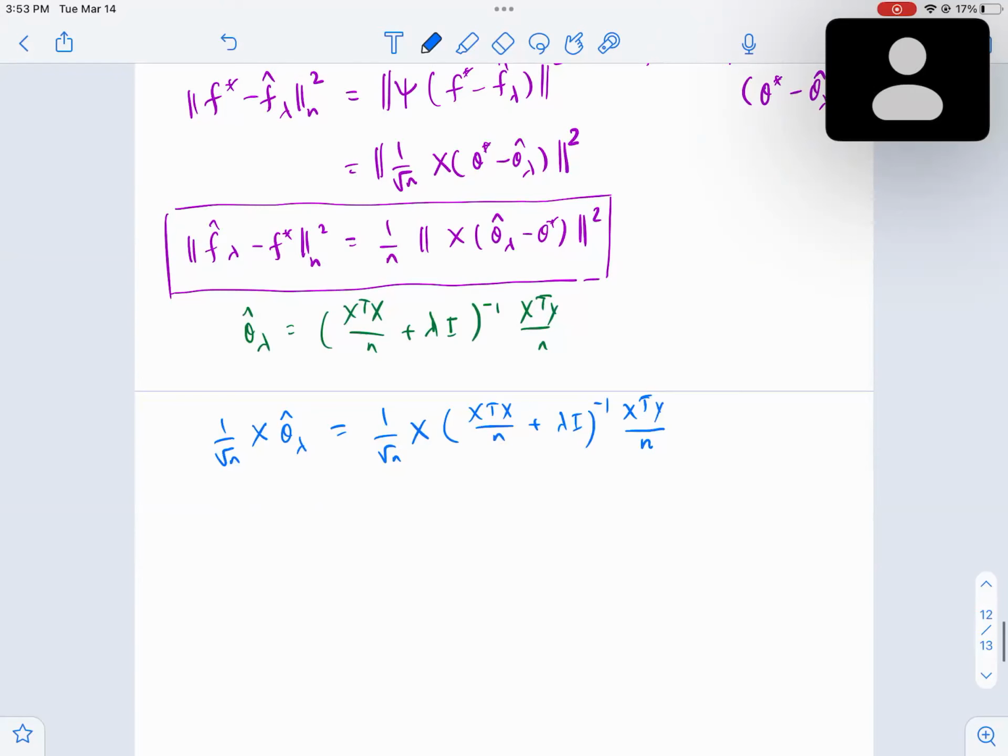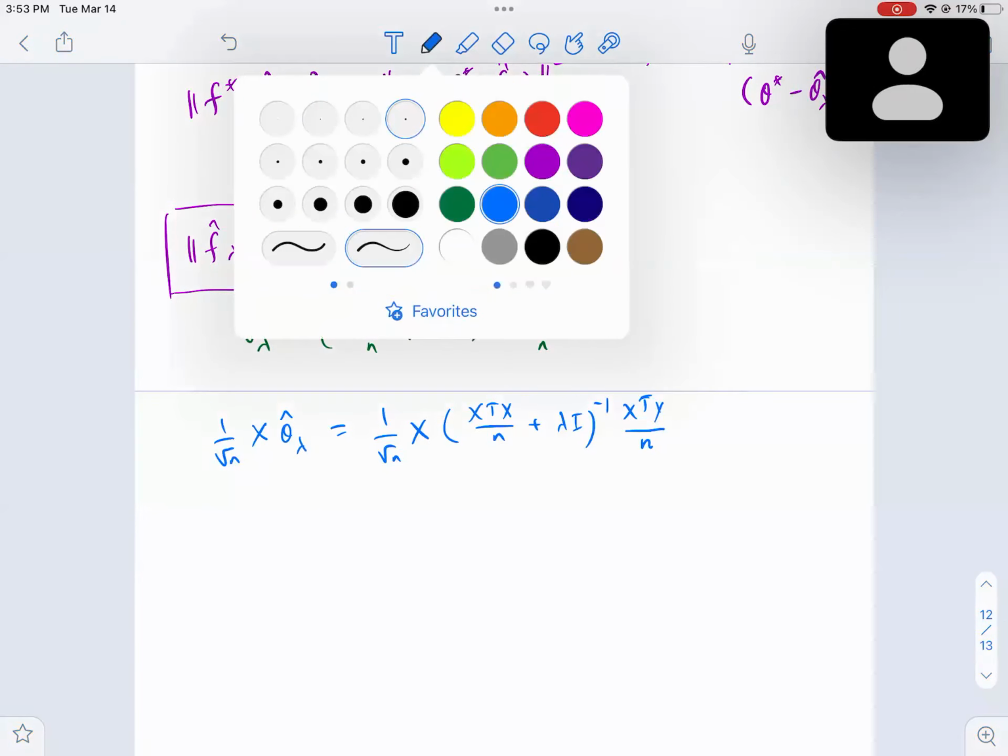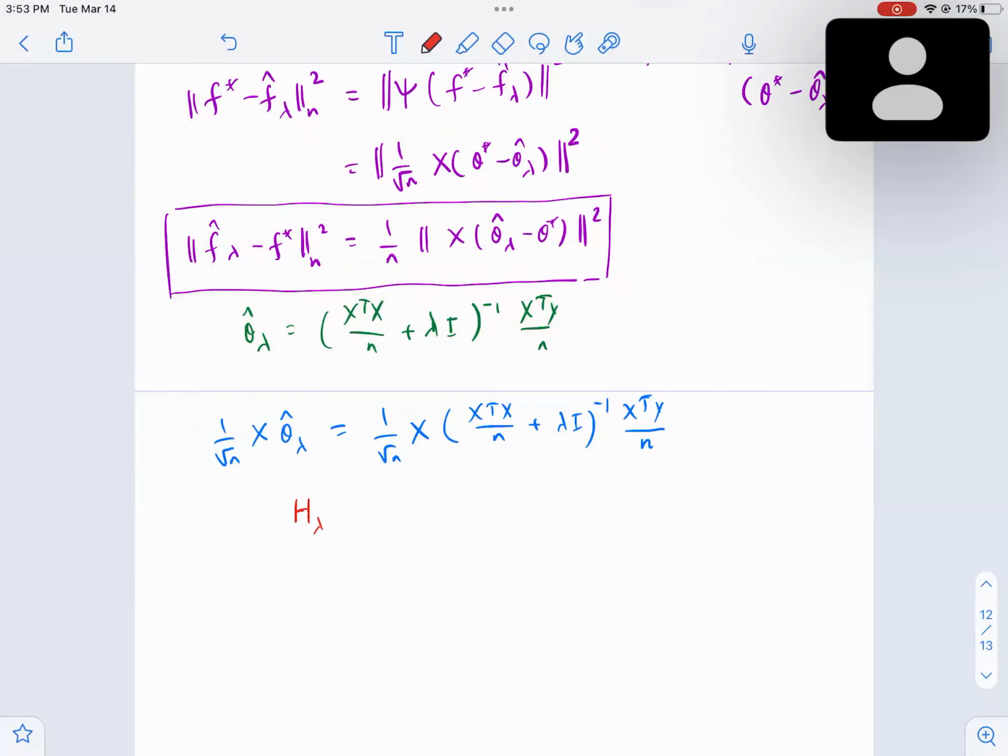I'm now going to define this matrix h lambda as 1 over root n x times x transpose x over n plus lambda I inverse x transpose over root n. So this only depends on the x matrix, and on lambda as well.